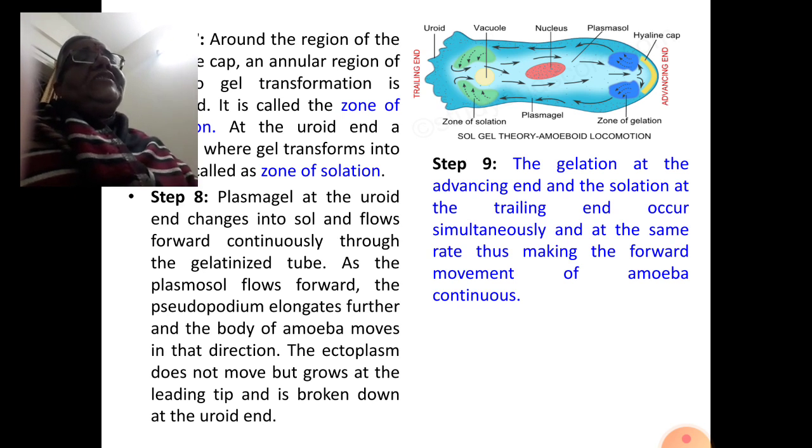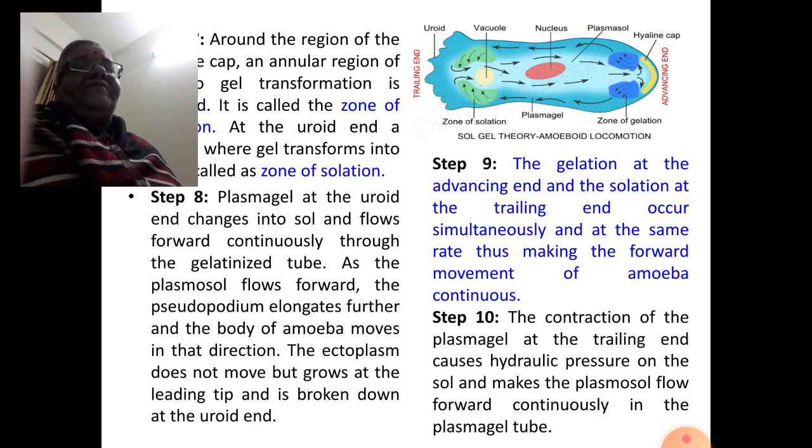So this repeats several times and the amoeba moves in the direction where the pseudopodium is formed. Then step 10, the contraction of the plasma gel at the trailing end causes hydraulic pressure, that is water pressure, on the sol and makes the plasma sol flow forward continuously in the plasma gel tube.